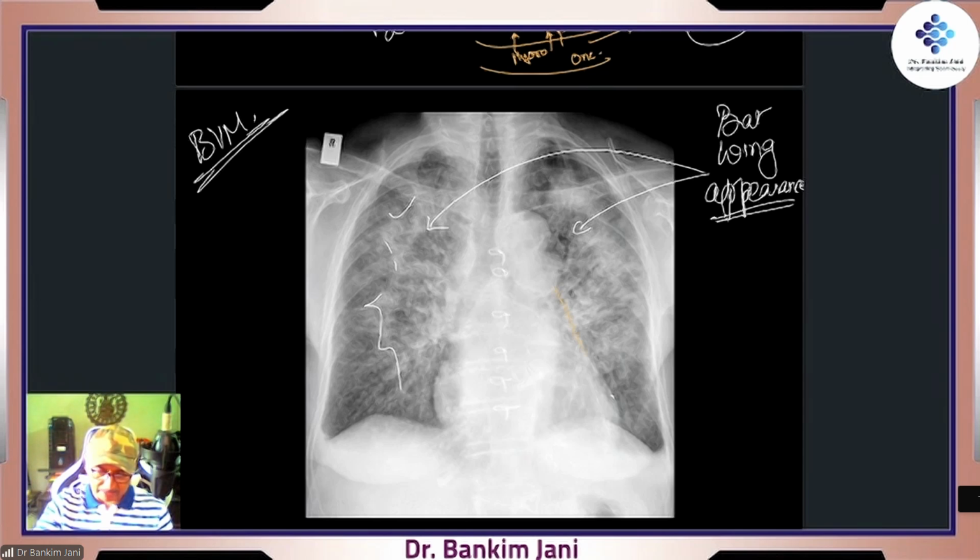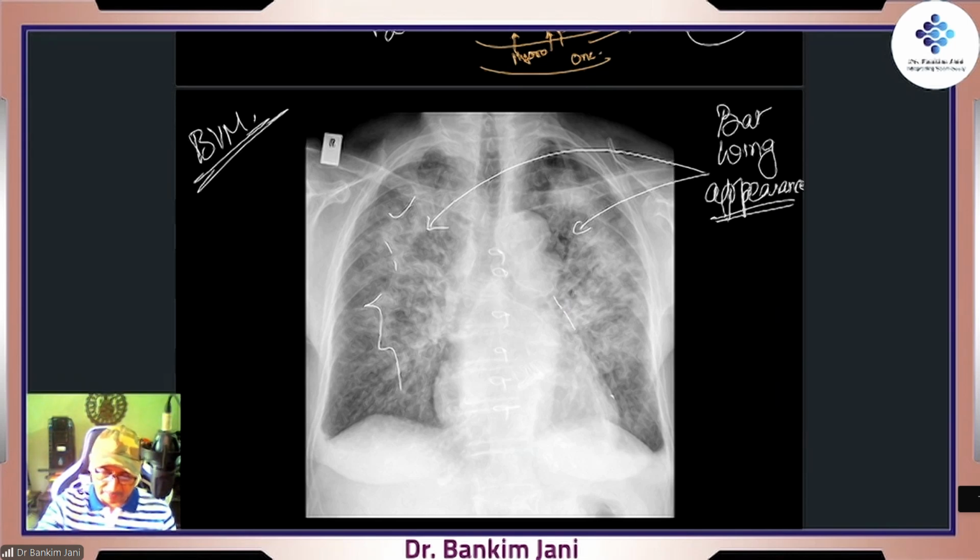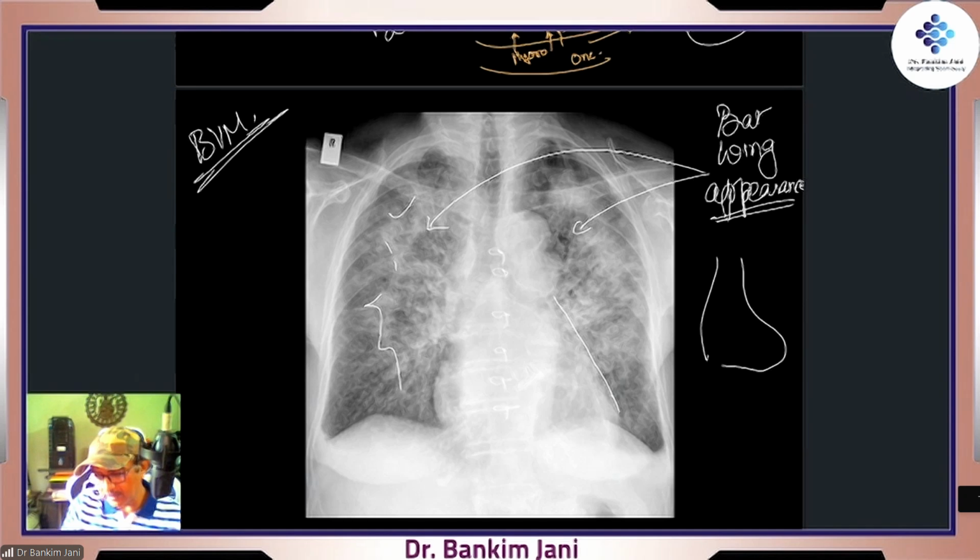This is what is called the straightening of the left heart border. Normally, you are watching the heart something like this. This was the shape. But when it goes like this, see, the left heart border is completely straight. So this is the indication that there is left atrial enlargement.